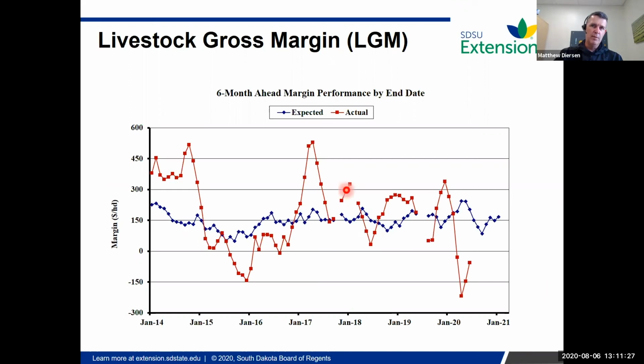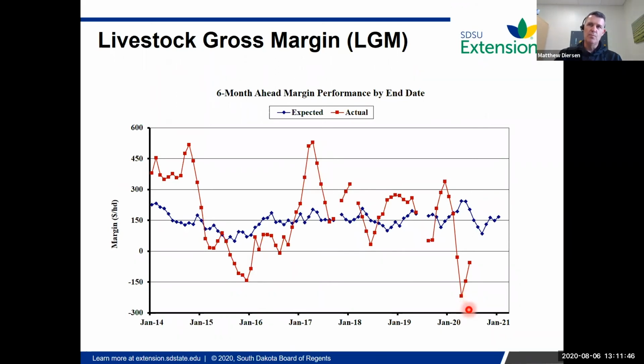So you may remember early 2017, huge paper profit levels could have been had at that period. That followed equally huge loss period in late 2015, and here we are.